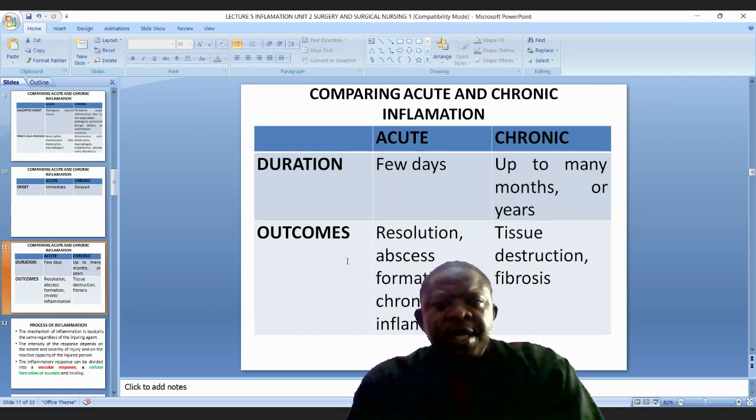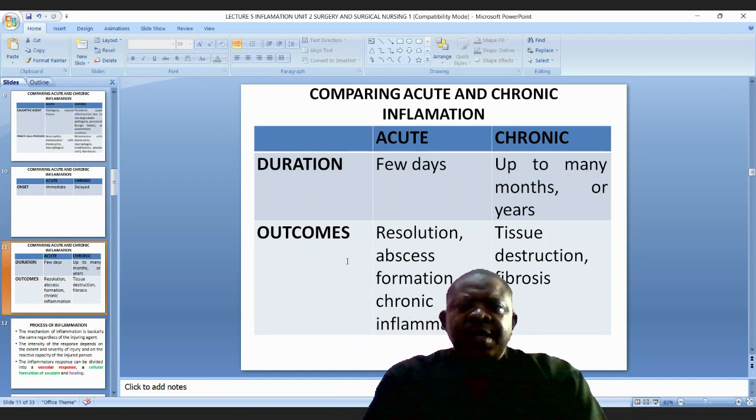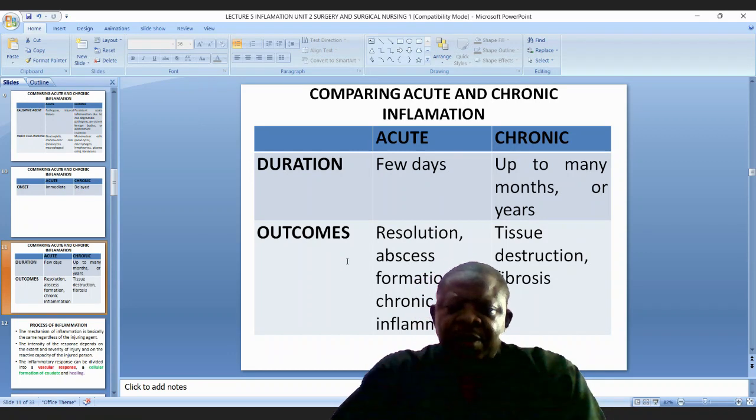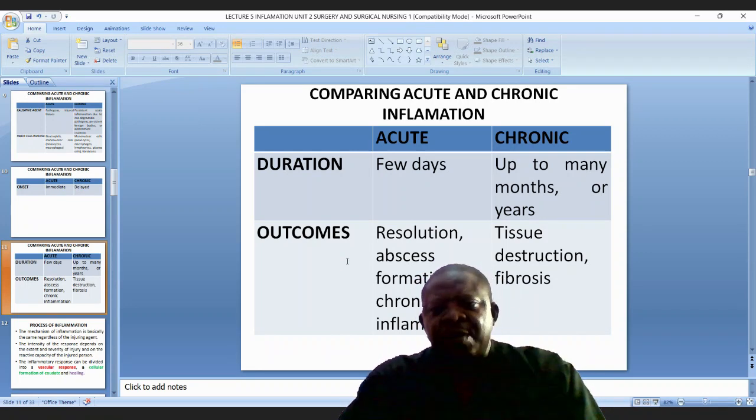Then, in terms of outcomes as a characteristic, for acute there will be resolution, after some time, after maybe home remedies and other remedial measures of inflammation. Or an abscess will form, or the patient can have chronic inflammation.